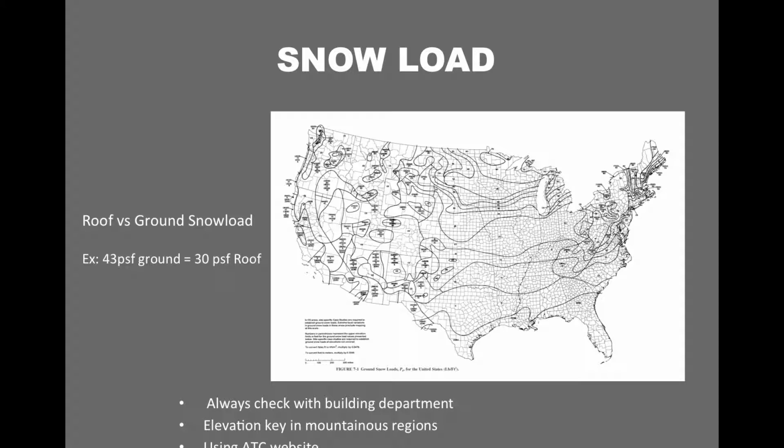Most building departments moved towards a ground snow load as the main snow load designation. So basically, all you need to know is that roof snow load is 70% of ground snow load. So let's say you have a 43-pound ground snow load. That is the equivalent of a 30-pound roof snow load.